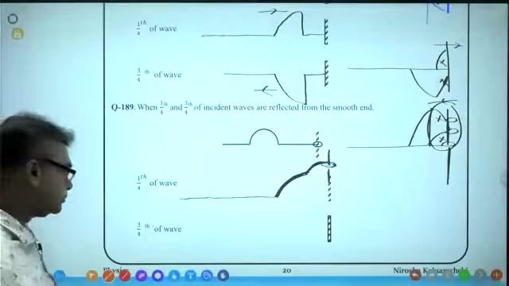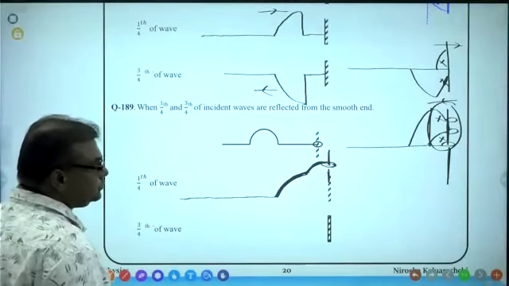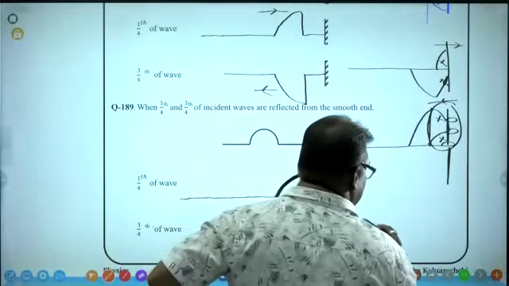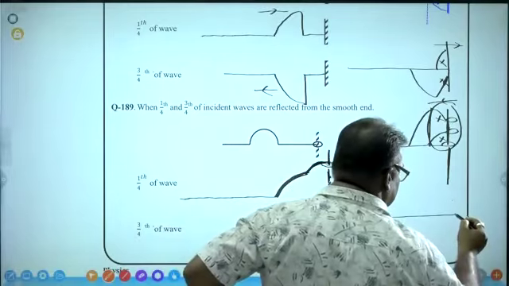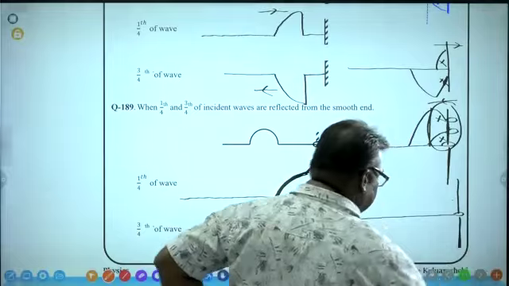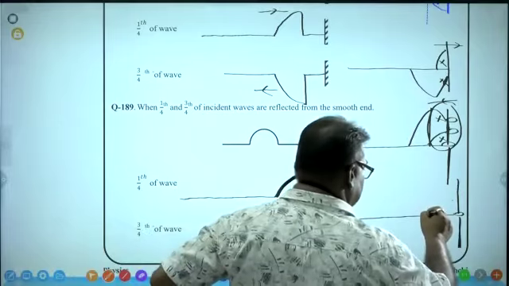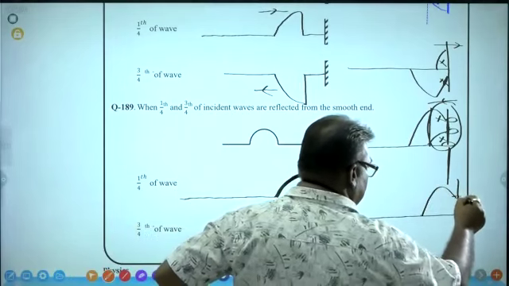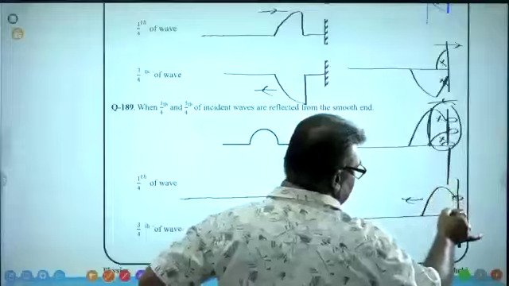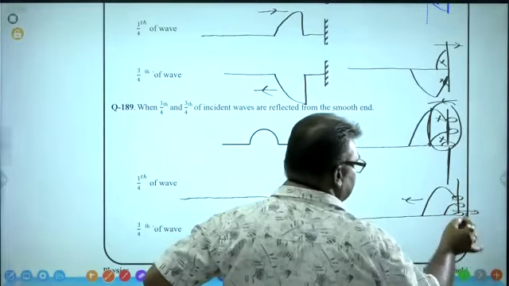3/4 of wave is reflected. Here we have string, boundary, 3/4 reflected, then reflected back, and here we have to be hit.